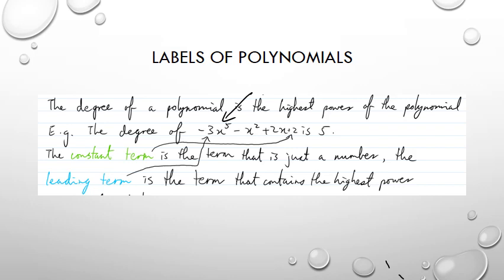Oh, sorry. Constant term is here, which is a 2. And then the leading term is the highest one, and that's the whole term, not just the x to the power 5, but it's the whole thing. So in this case it will be negative 3 times x to the power 5.